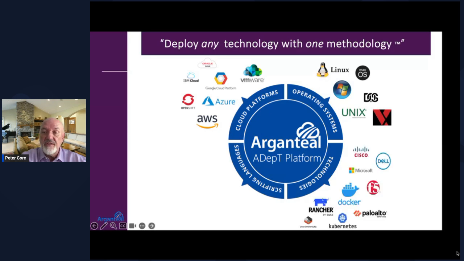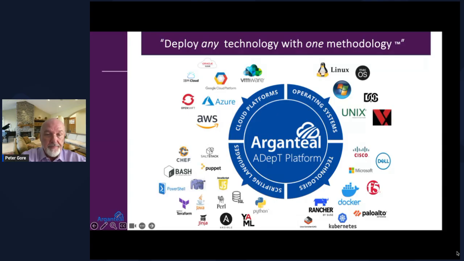So the different technologies that we're looking at here, from Rancher to Docker, Palo Alto, F5, Microsoft, Cisco, right? All of these different technologies we're able to interact with and automate and handle some of the complexities that we've been talking about in a single orchestration engine, which is allowing you to then reduce those operational expenditures as well as the CapEx inside your environment.